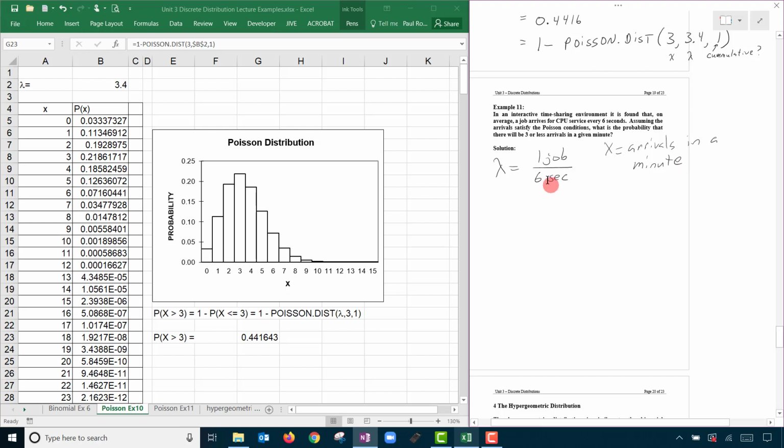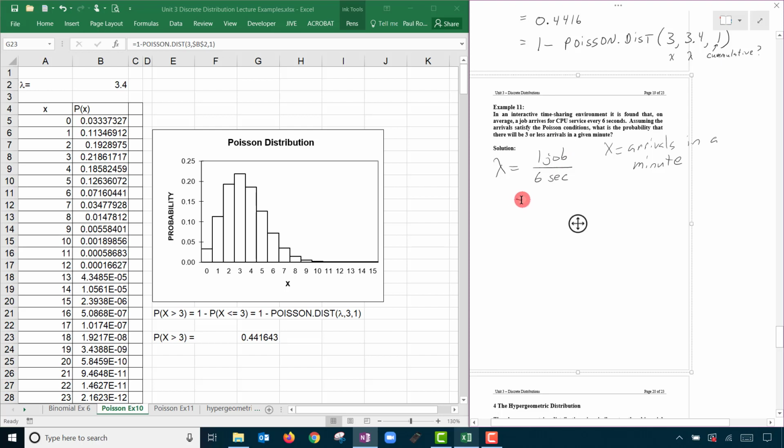You'll see that our rate here isn't in minutes, so we need to adjust that. Don't adjust the question. Don't say, well, 3 or less in a given minute, and then multiply that by 60 so that we're into seconds. It doesn't work. You have to adjust the rate.